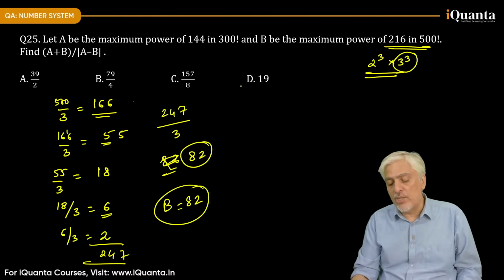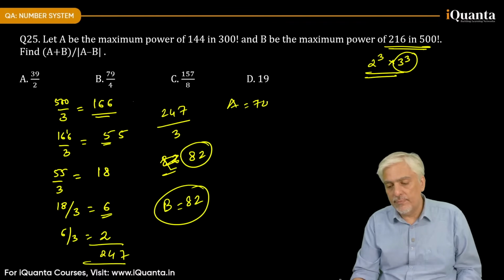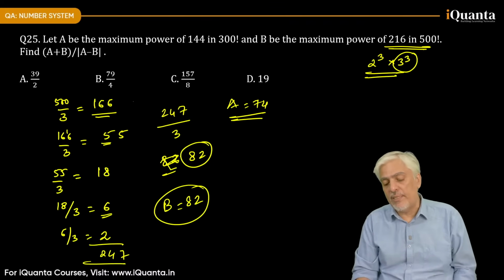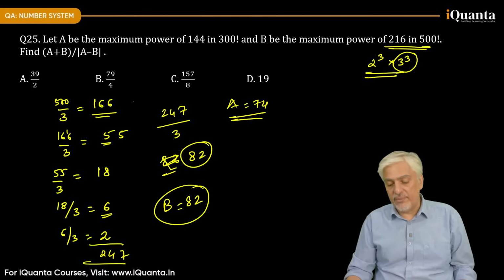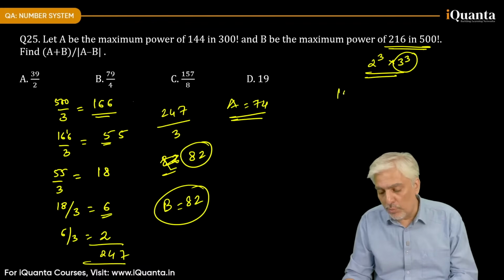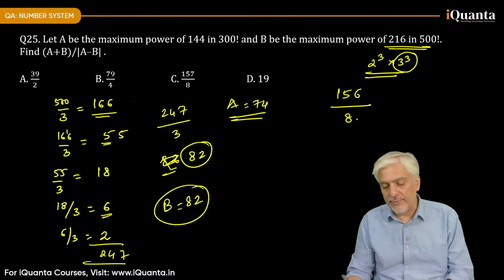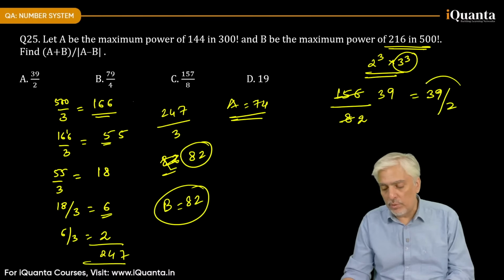A हमको 74 आ चुका था. Now check for this answer. A plus B upon mod of A minus B. Mod means no negative. A plus B is 156. So numerator is 156. Denominator is 8. 4 2s are 8, 4 3s are 12, 4 9s are 36. 39 upon 2.